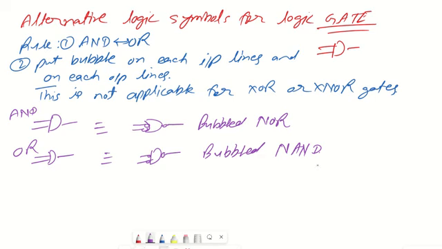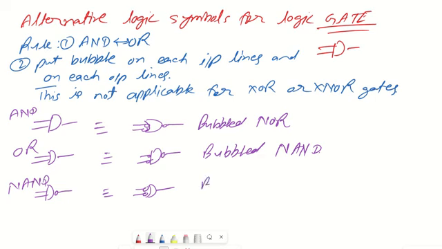And if we have a NAND gate, what will happen? This is my NAND. This is going to be equal to OR, because it is AND type converted to OR, and then the bubble at the output cancels, so there is no bubble at the output, and the inputs are bubbled.